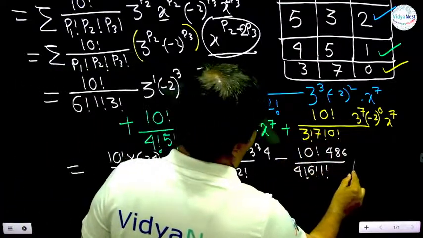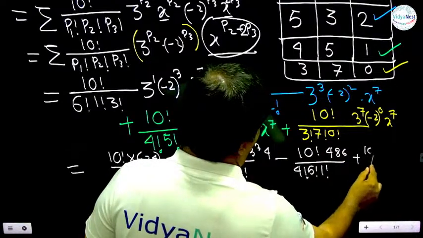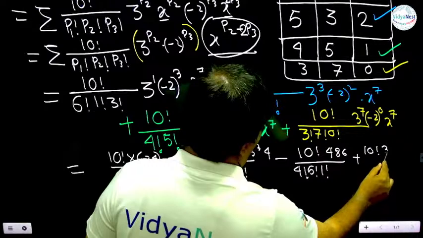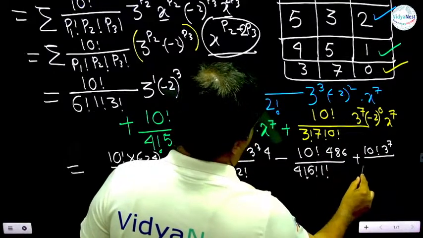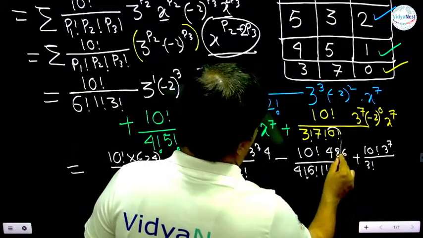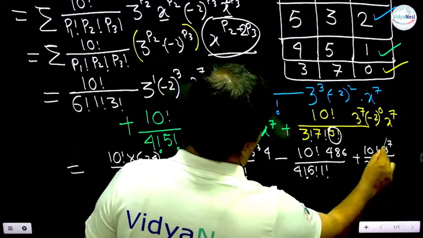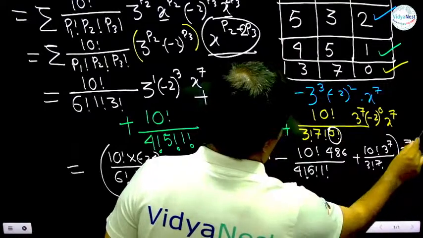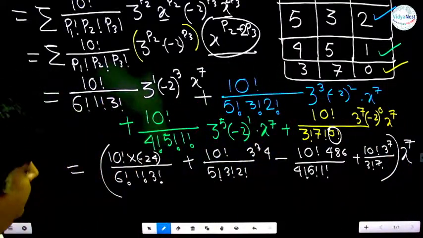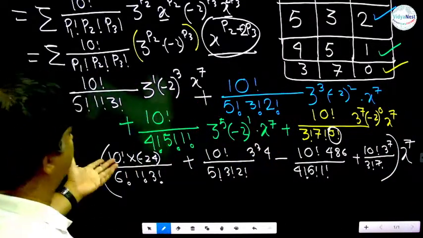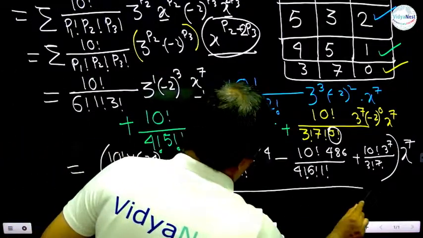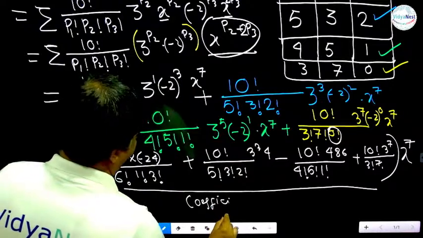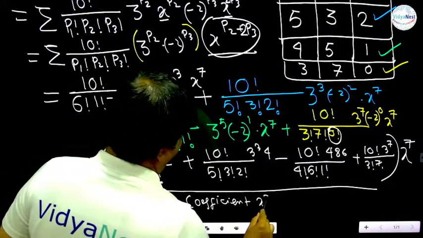And last, factorial 10 by factorial 7 by factorial 3, factorial 0 is 1, into the whole thing x to the power 7. Yes or no? Yes sir. So now the calculation is simple numerical calculation. This is the coefficient of x to the power 7.